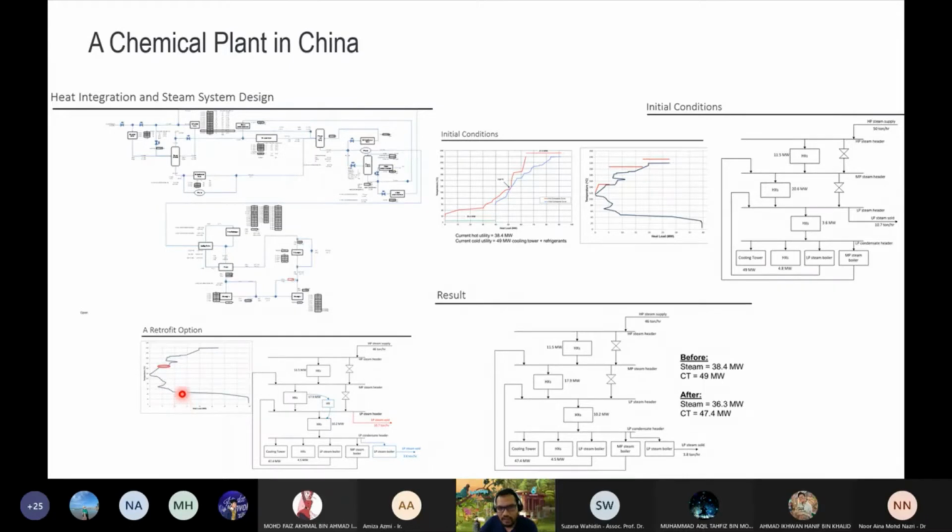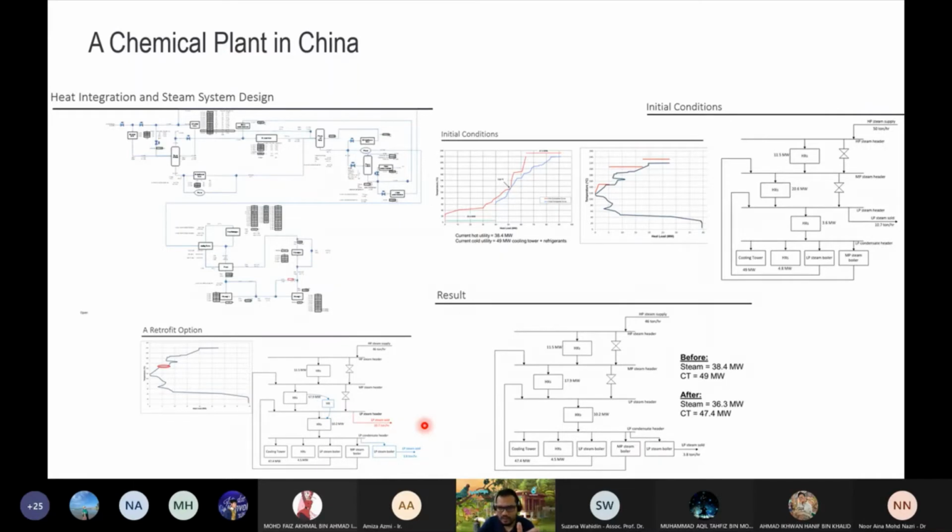That means we can remove this whole duty and create another duty over here that is released to the environment. So we change the pressure of that column to a lower pressure, and the excess steam we send to a nearby plant. That's what we did.